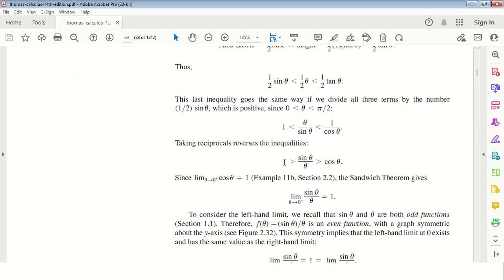So if we put the limit as theta approaches zero here, and here too, the value of these two is 1. So we can say sine theta by theta equals 1.